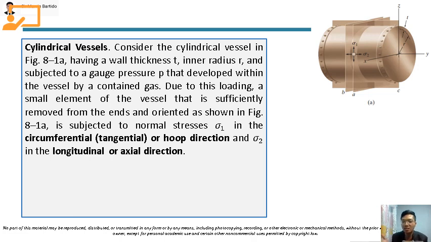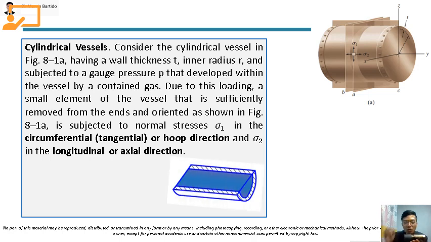So let's say we cut the vessel this way, at this part, we section this vessel. What we will see here is this portion. This will be the segment when we cut the vessel at this section. So this will be the cut vessel.